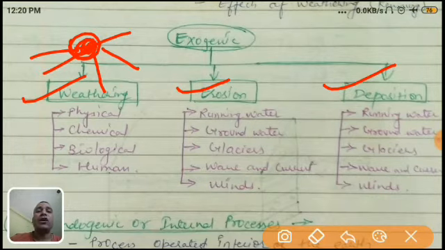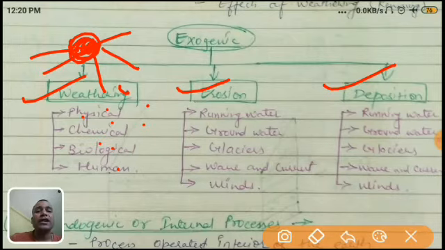Due to this expansion and contraction, the rocks break down into small pieces or small particles. This process is called weathering.